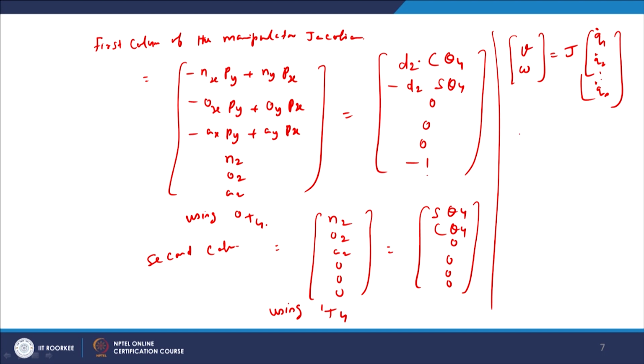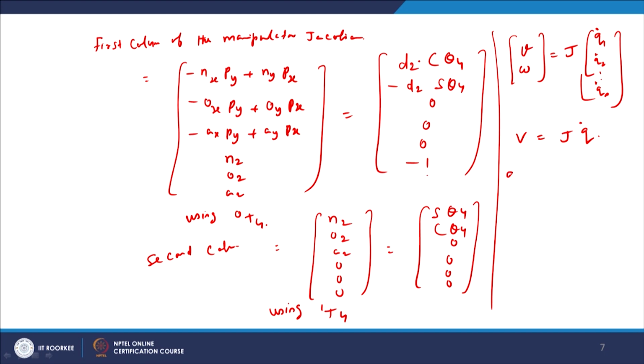So, we can denote it by v is equal to J q dot. For example, in simple notation, v is the left side, J into q dot, where q dot is the vector q1 dot, q2 dot, qn dot. This is the expression.